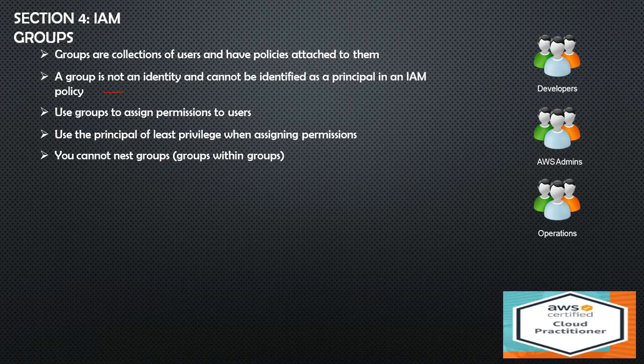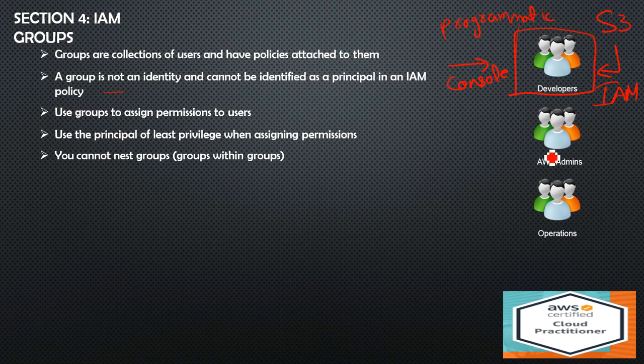Use the principle of least privilege when assigning permission. Least privilege means, as I said, the developers don't need access to the console, right? So I will not give access to the console to them. Rather, they need programmatic access. So I'll just give them programmatic access, and that means a user that is part of the developers will not be able to go to IAM, say S3.